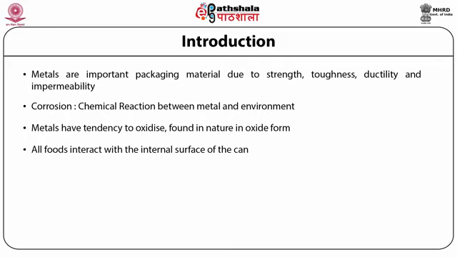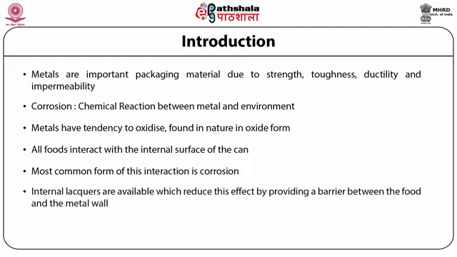All foods interact with the internal surface of the can in which they are packed. The most common form of this interaction is normally corrosion. In plain tin plate containers, this takes the form of etching or pitting corrosion, and staining of the surface may also occur.